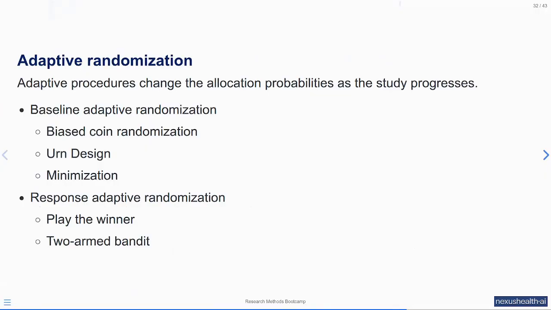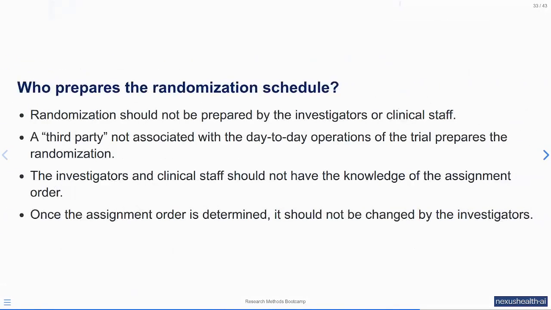So we have the baseline adaptive randomization, and we have the response adaptive randomization. And under each of these broad groups, we have subgroups. So under the baseline adaptive randomization, you have biased coin randomization and minimization. And under the response adaptive randomization, you have play the winner and two-armed bandit. All these are beyond the scope of our syllabus.